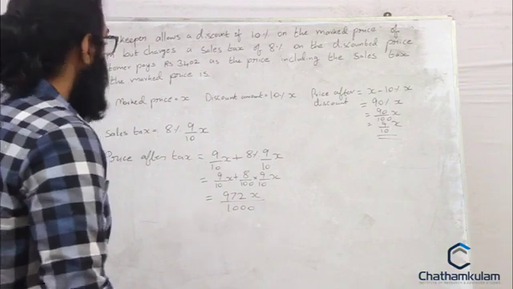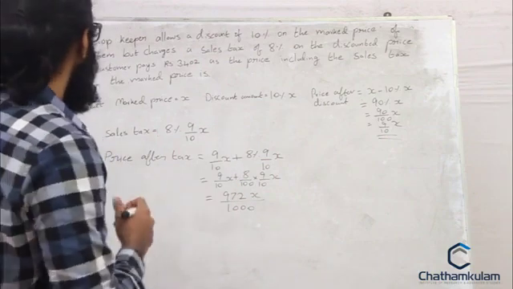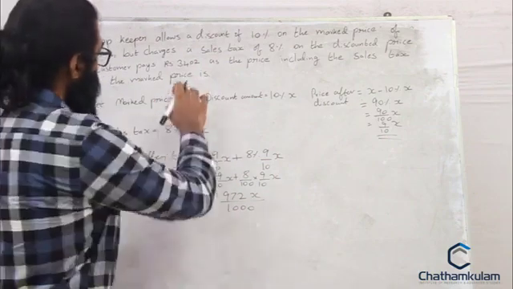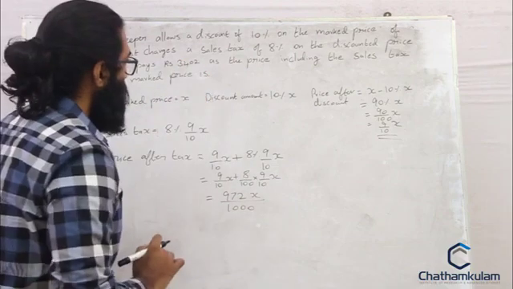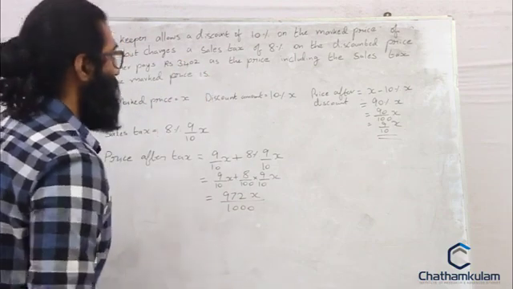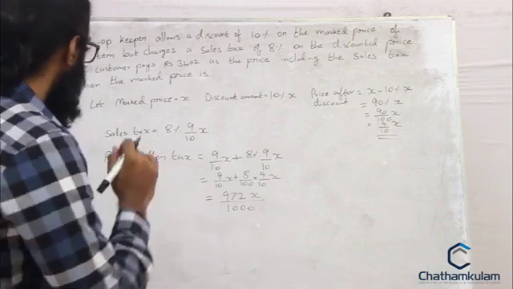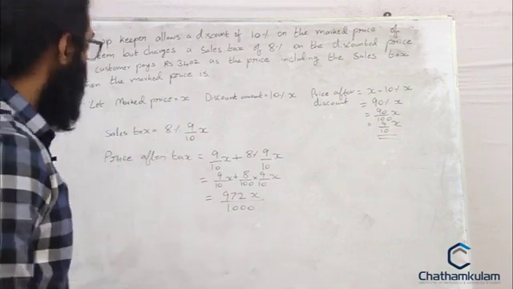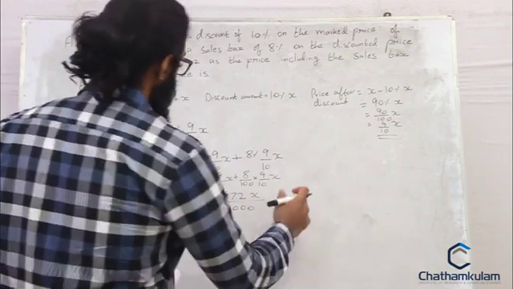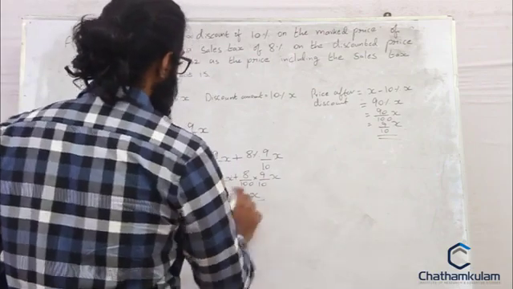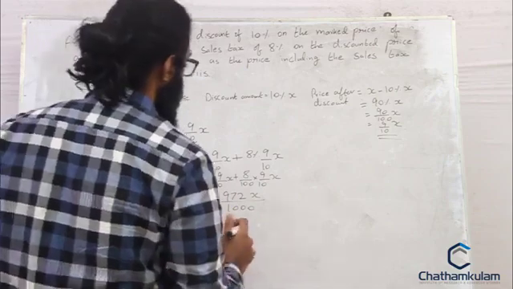Okay, in the question it's given that the customer pays rupees 3402 as the price including the sales tax, then the marked price is? So we have to calculate the marked price, that is X. So this amount is equal to 3402.